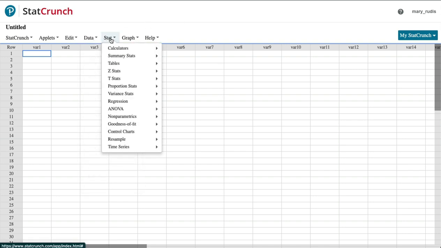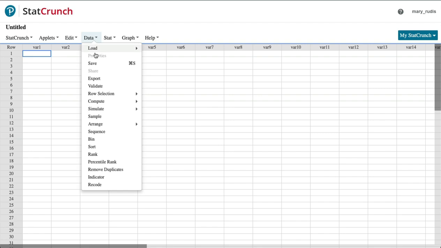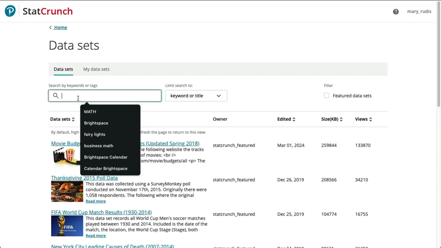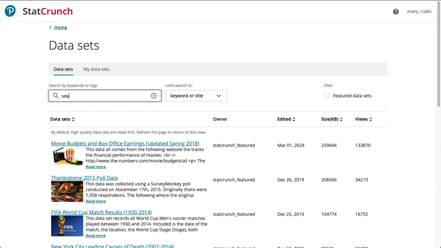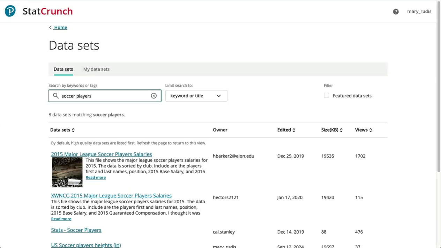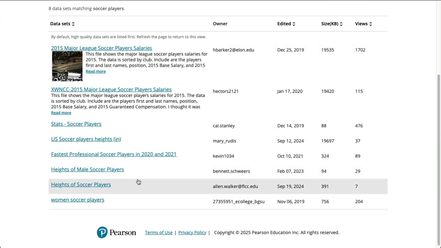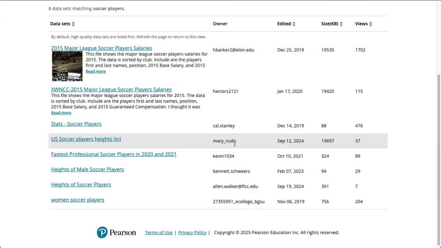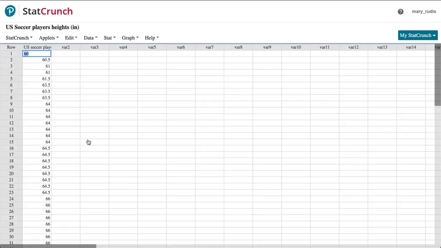We're going to go to data, load, shared data sets, and I'm going to look for soccer players. There we have the one that has my name on it. Look for that one. So these are U.S. soccer players and their heights, semi-professionals.